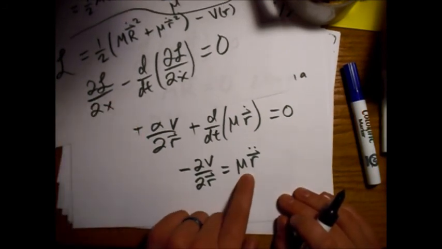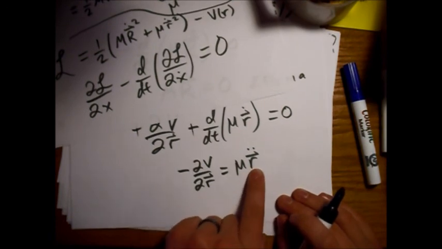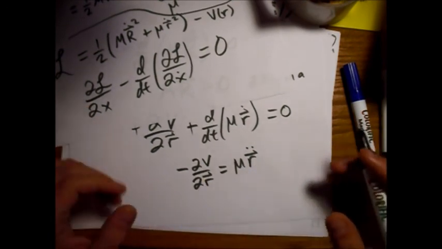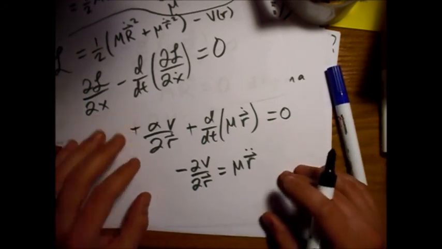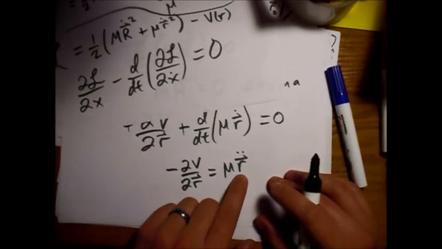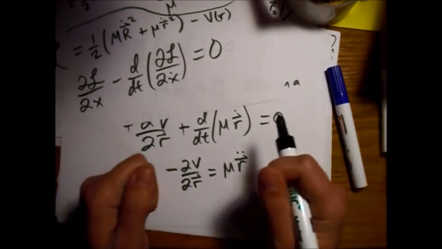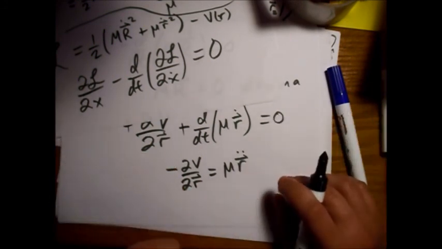And here's the reduced mass of our system, and here's sort of the acceleration, if you will, of the coordinate, the space in between the two particles.